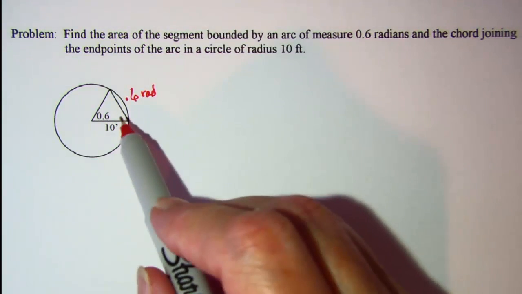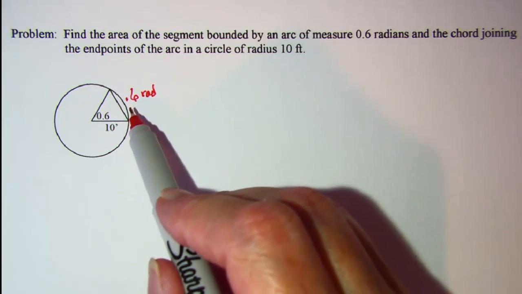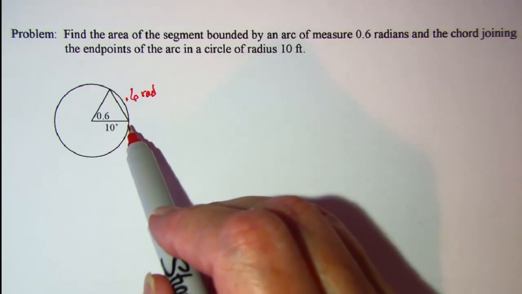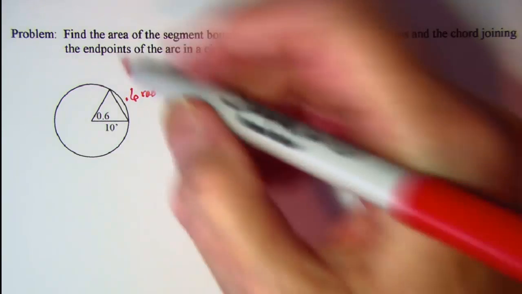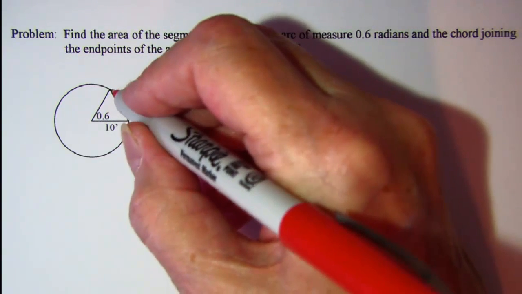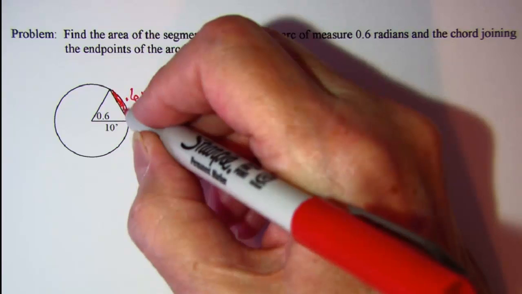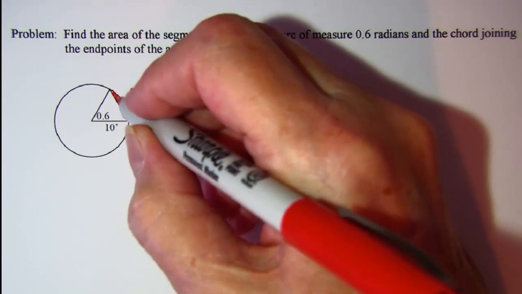So we need to make use of the fact that the measure of the arc is equal to the measure of the central angle. So this central angle is also 0.6 radians. But we're finding the area of this segment right here.